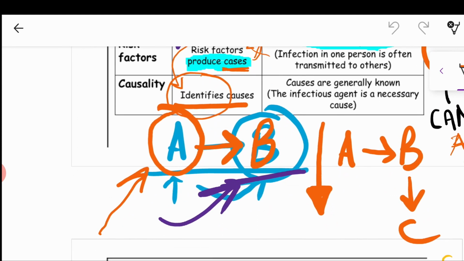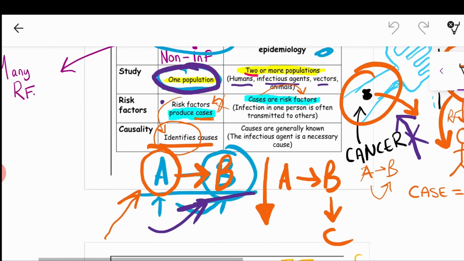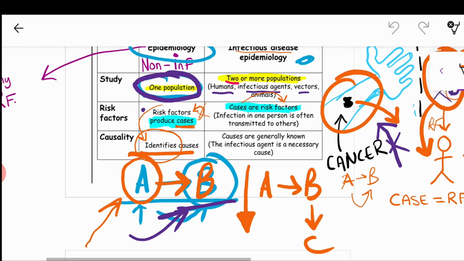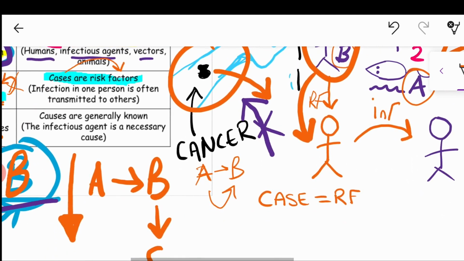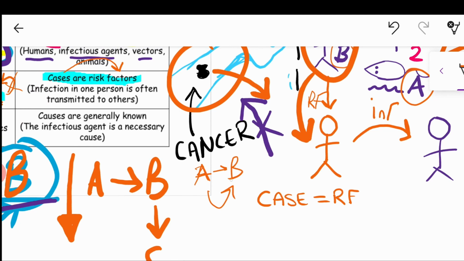All right, so identifiable just means that we know for a fact that A causes B. Now, if we look over here in the non-infective category, we can see a tumor on someone's arm. Now, we can say that this tumor was caused by a genetic mutation, and so A would be a genetic mutation and B would be the cancer, which is the new case.